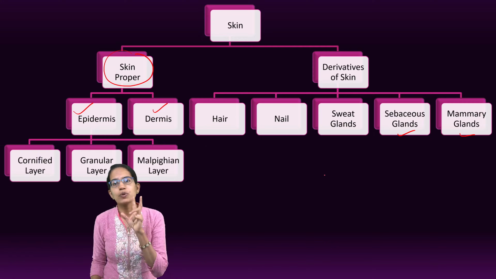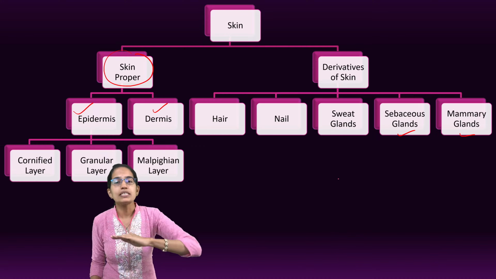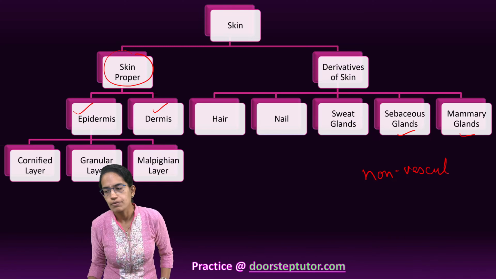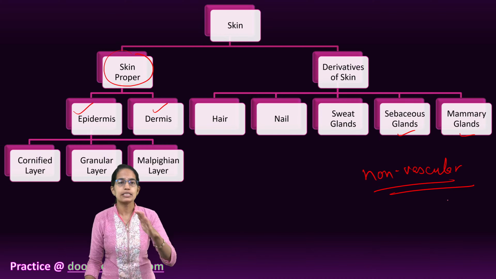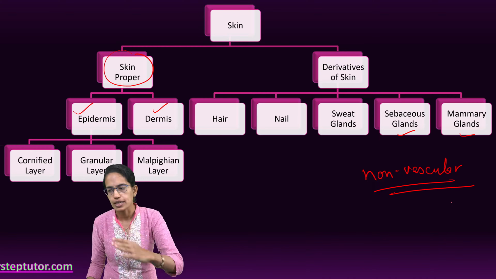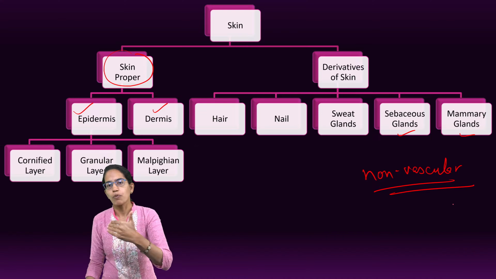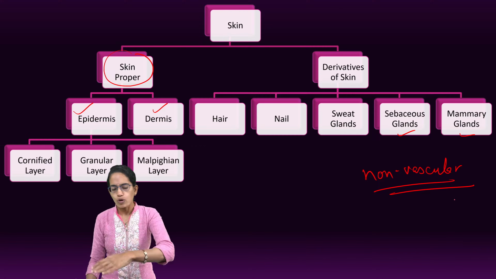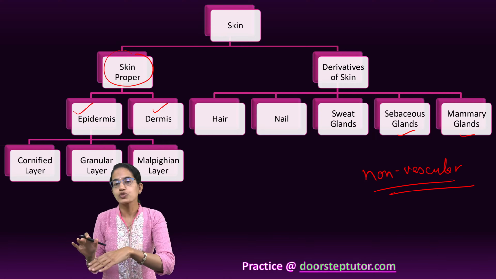The difference between epidermis and dermis is extremely important. Epidermis is the outermost layer. It is non-vascular in nature. That means it is without blood capillaries. It's just an external protective covering which is responsible for protection of the body from extreme ultraviolet rays. It is also the layer which exfoliates, that is, it removes the bacteria.